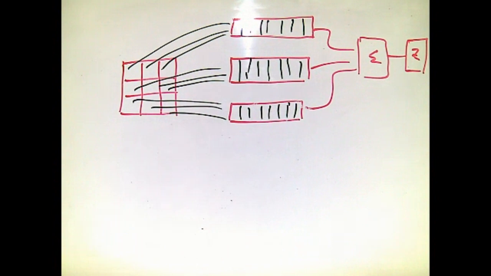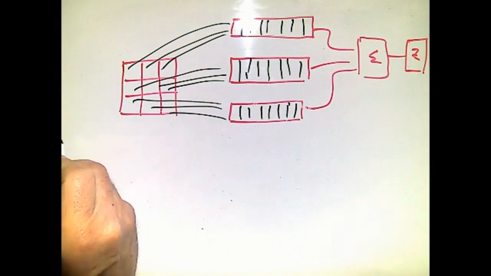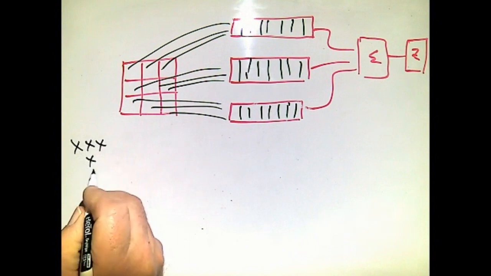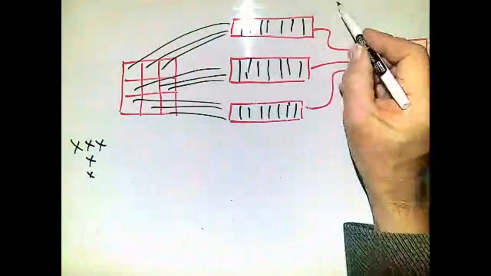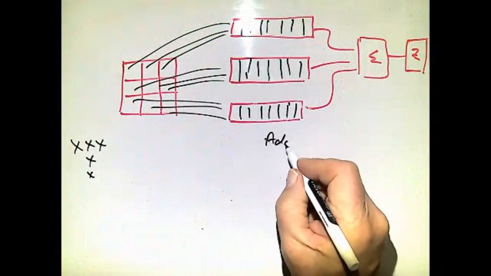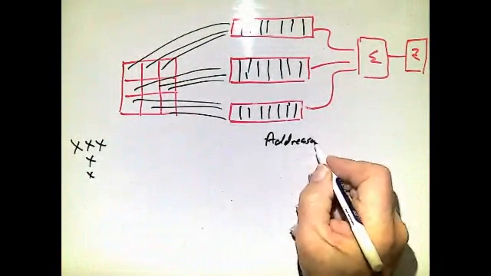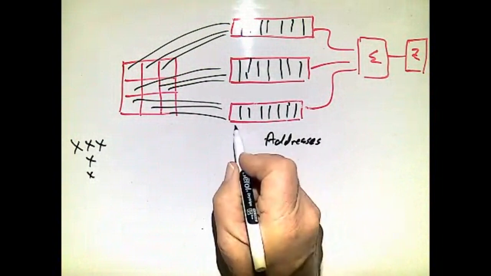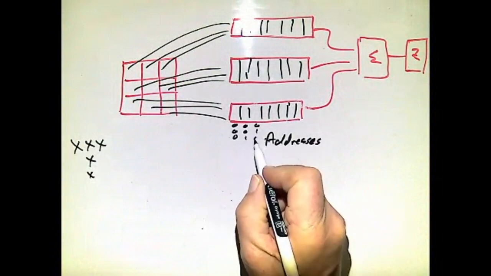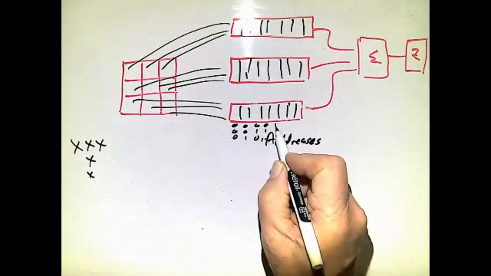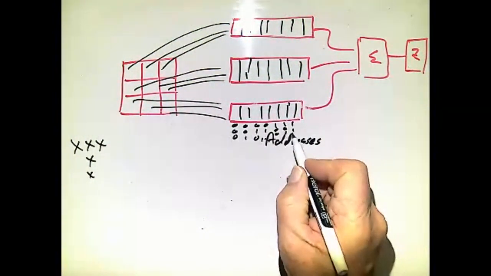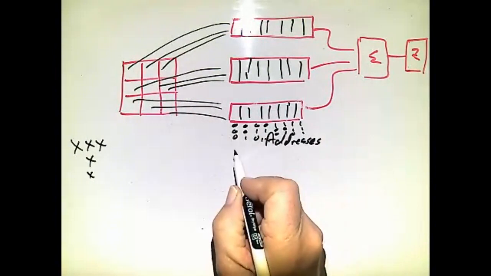So let's now train this system on the patterns I started off with. The first pattern was the T there. And let's write the addresses at the top here. 000, 001, 010, 011, 100, 101, 110, 111, 0 to 7.